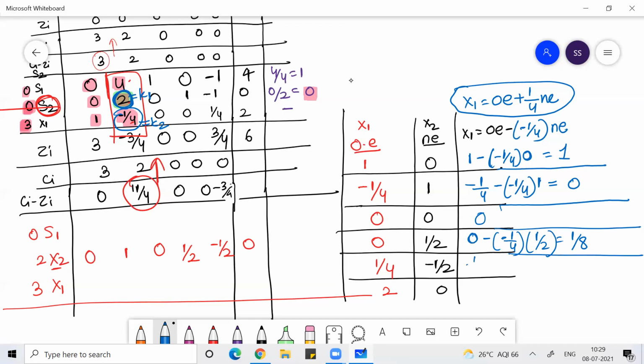Then this is 1 by 4 minus 1 by 4 into minus 1 by 2. So this is 1 by 4 minus 1 by 8. This is 2 minus 1, 1 by 8.